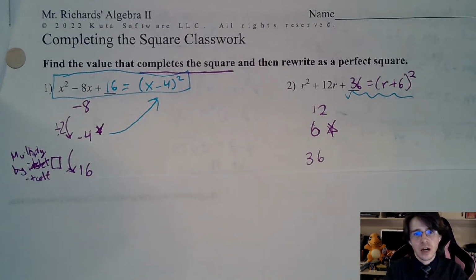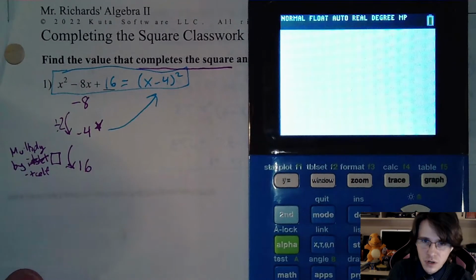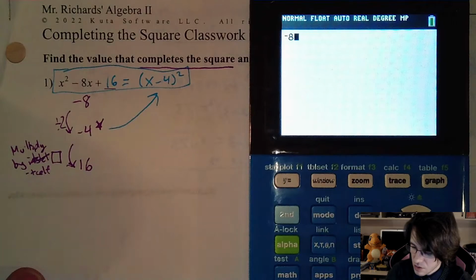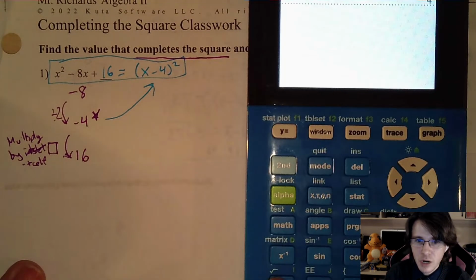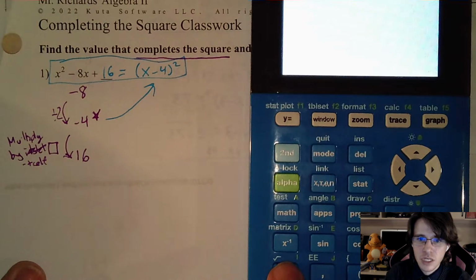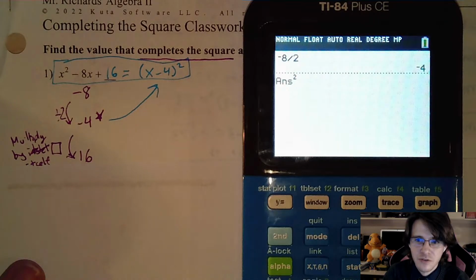Another thing that I showed on the calculator here is that when you do your -8 and then divide by 2, if you just immediately tap the square button right here, it'll say Ans squared. That stands for answer squared.